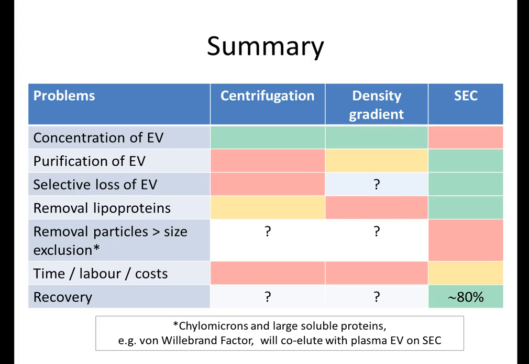But of course, if you have chylomicrons present or large proteins, they will co-elute with your vesicles and you may need other methods there. The recovery is pretty good, and as I said, because you're not losing subpopulations, I think it's a very good manner to isolate vesicles by size exclusion chromatography and, for example, then further concentrate your vesicles by centrifugation.